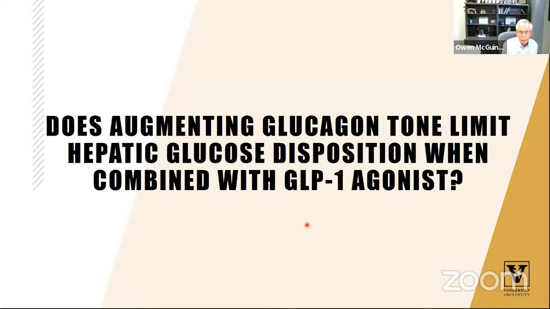Would it force the peripheral tissues to have to do more work because the liver's not doing its part in disposing of that exogenous glucose? So the focus of this study was, could we use tracer approaches to ask whether the role of the liver in disposing of glucose in the fed state is compromised by adding glucagon on the background of GLP-1 agonism.